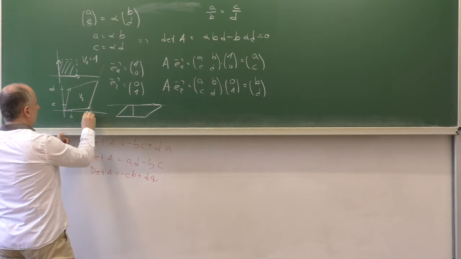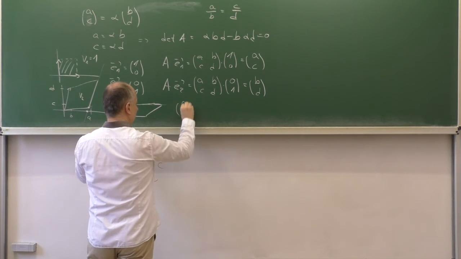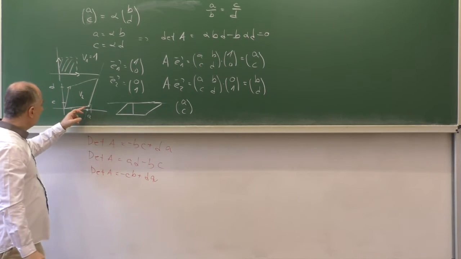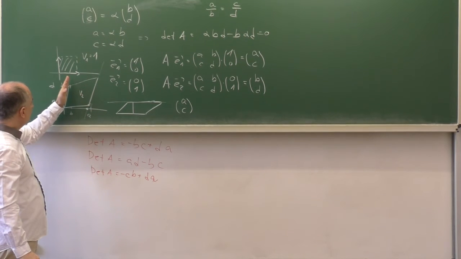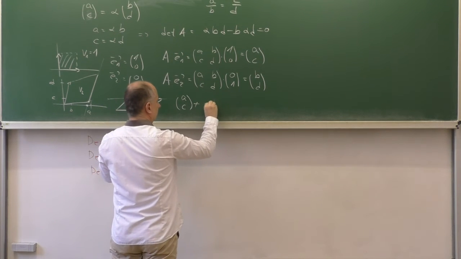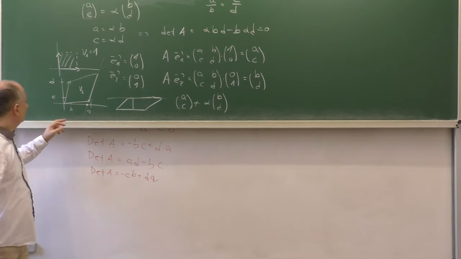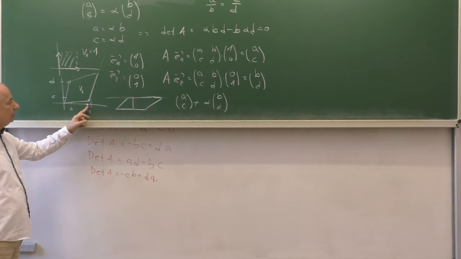So instead of the vector A, C, we want to add some multiple of the vector B, D such that the second component is equal to 0.